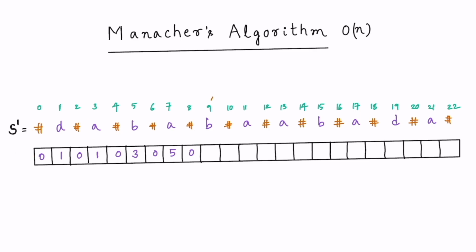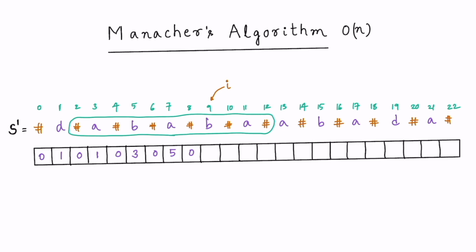And right now, we have to find the longest palindrome with this character as the center character, and let's call this I. Just for simplicity, let's mark the longest palindrome we have found so far, which is this.